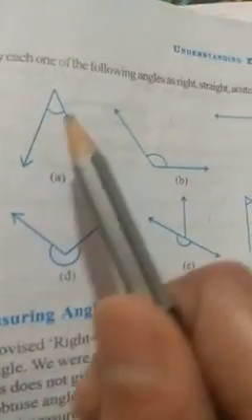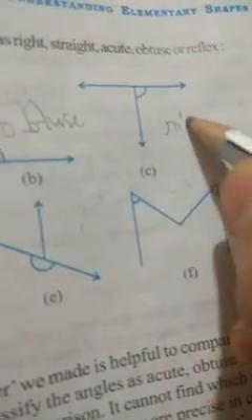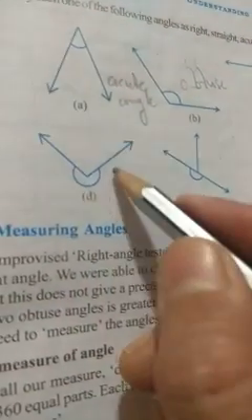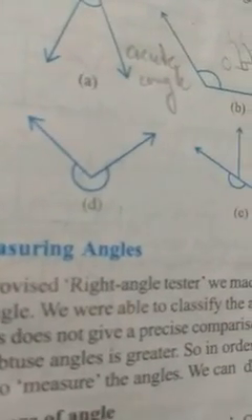First one, it is an acute angle. It is an acute angle. This is more than 90, so it is obtuse. It is perpendicular, so it is a right angle. It is more than 180, so it is a reflex angle.